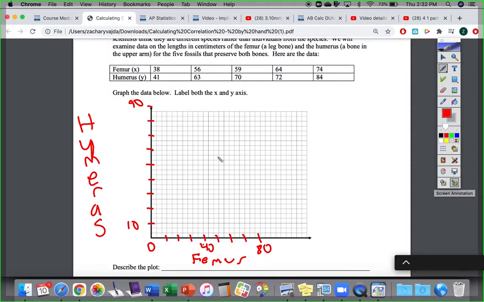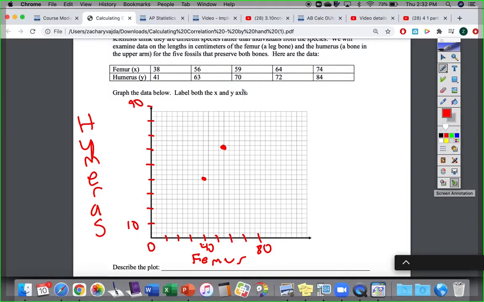So our scatter plot says to plot these as pairs. So 38, 41: I'd go to 10, 20, 38 to 41, is this point right here. Then 56, 63, so 40, 50, 56, kind of right in the middle, and 63.